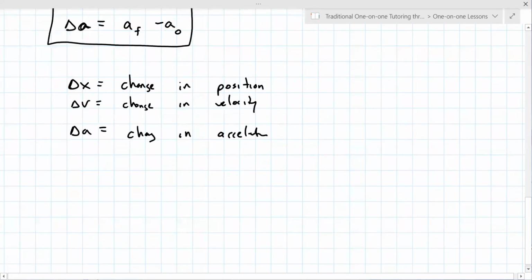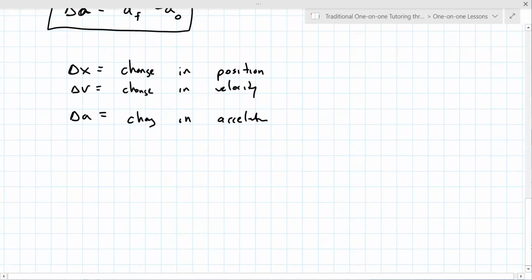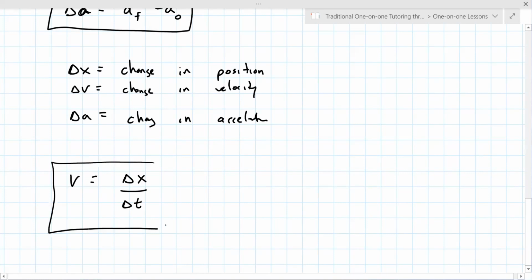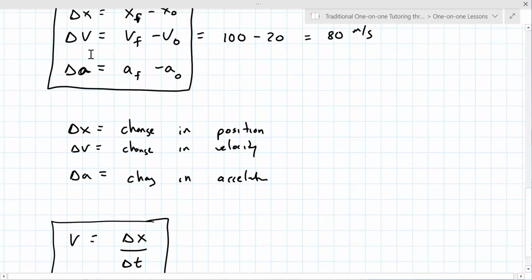Okay, now there's a lot of different formulas in physics. So like the velocity is also the change in position over the change in time. Oh, wait, can you go? I just want to see something. It's not related to this. No, I mean, it is, but it isn't.